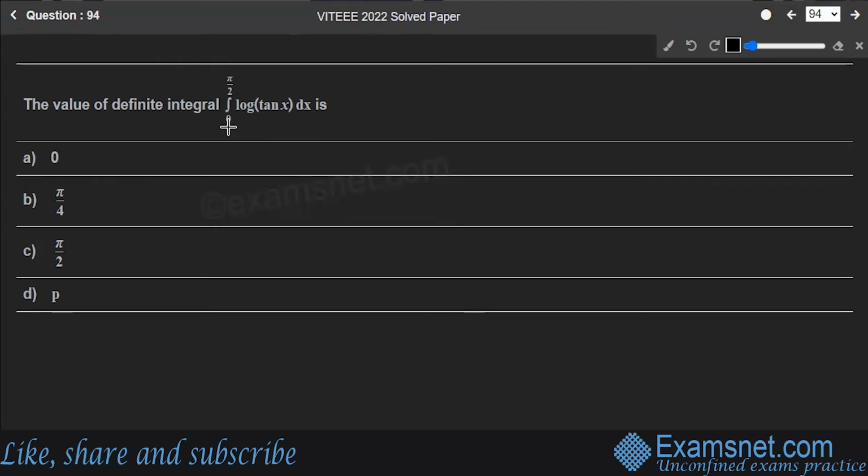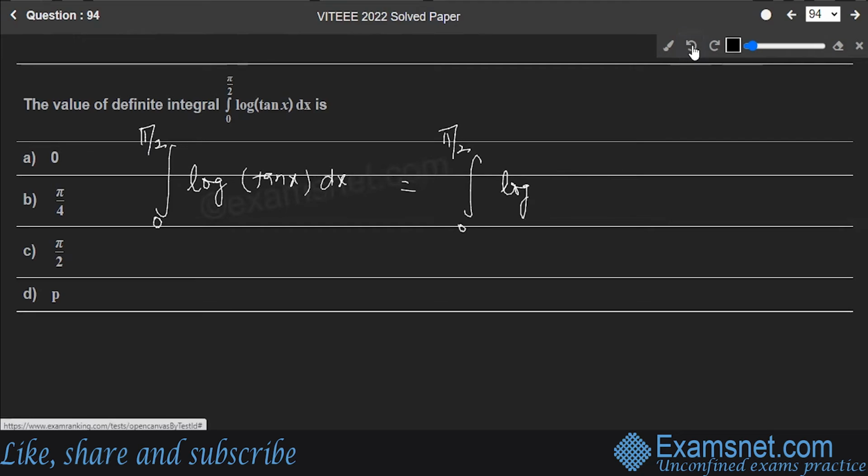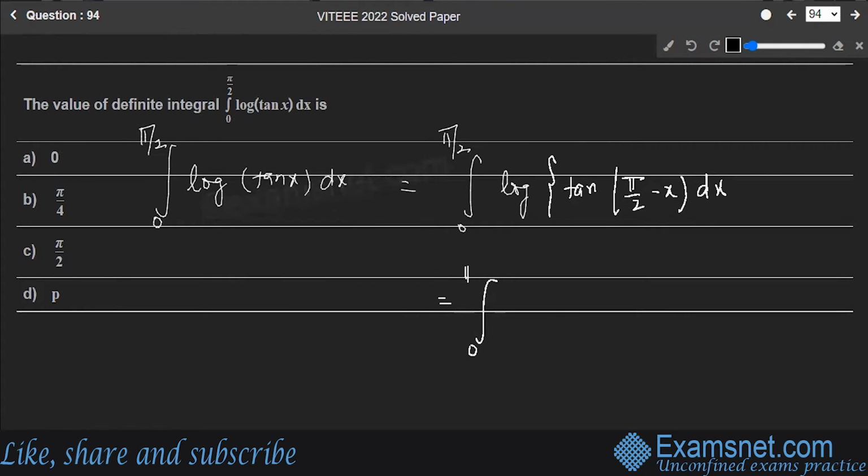The value of the definite integral 0 to pi by 2 log of tan x dx is equal to what? Okay, so let's write it down. You have integral 0 to pi by 2 log of tan x dx, which is equal to integral 0 to pi by 2 log of tan of pi by 2 minus x dx, right?